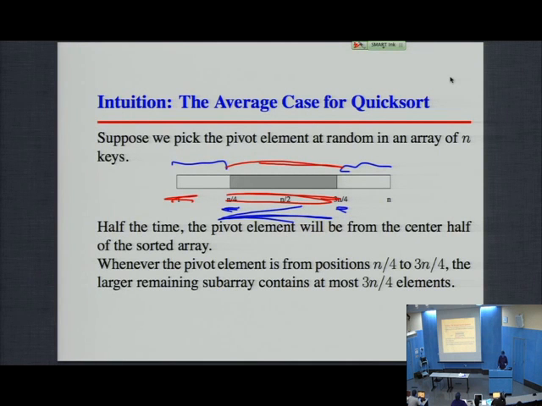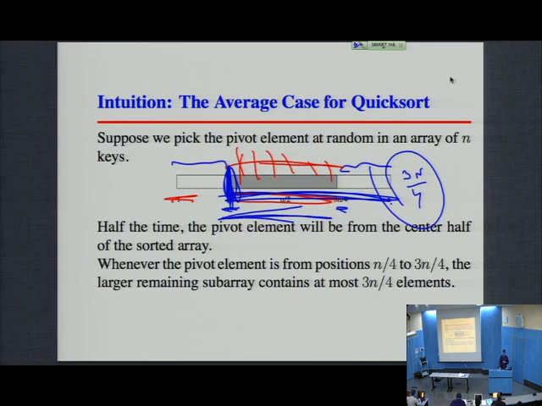Because if I pick any one of these n over 2 elements, I am going to get somebody where the biggest hunk of the array is at most 3n over 4. Does everybody see that? If I pick the worst possible good pivot, then this is what I've got. The worst possible good pivot still will divide off a constant fraction of this thing. That's the important thing here. Any questions about that?